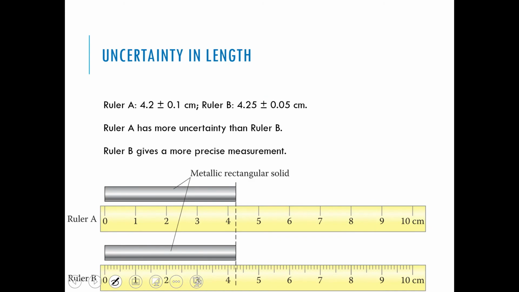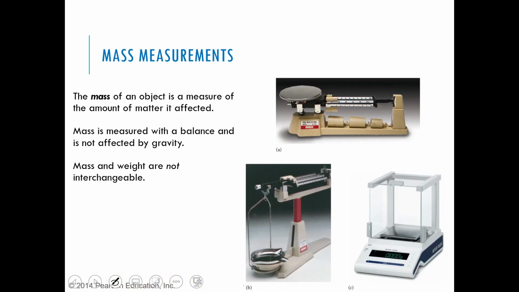So what we just summed up is that ruler A has more uncertainty than ruler B. Ruler B gives us a more precise measurement. Now, when we're looking at mass balances, if I want to measure the mass of a solid or a liquid or a gas, and I put it on this balance, I can be certain only to the device that I'm using.